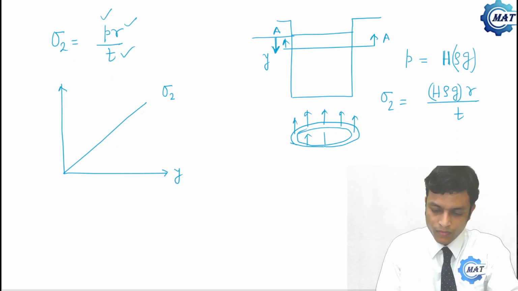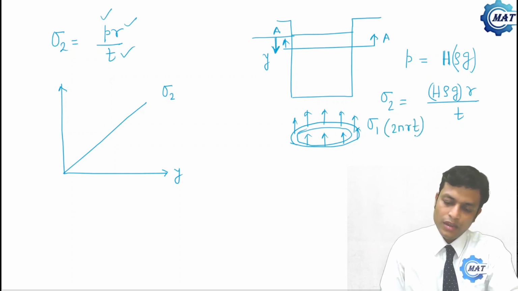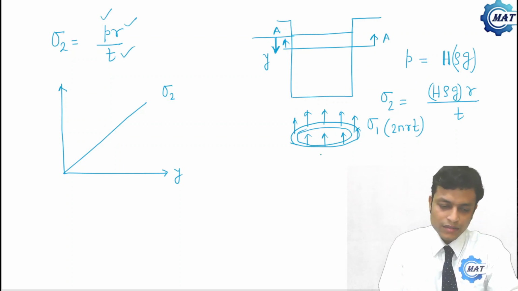The vertical force due to sigma 1 is sigma 1 into 2 pi r t, and that will balance the weight of the liquid.